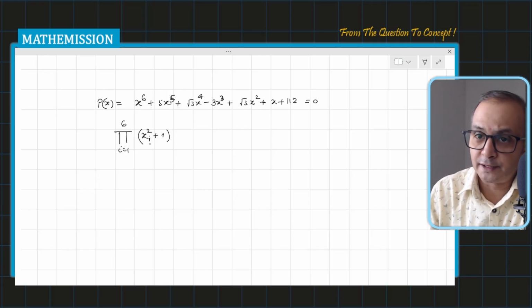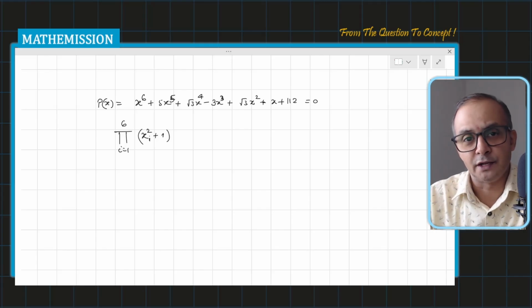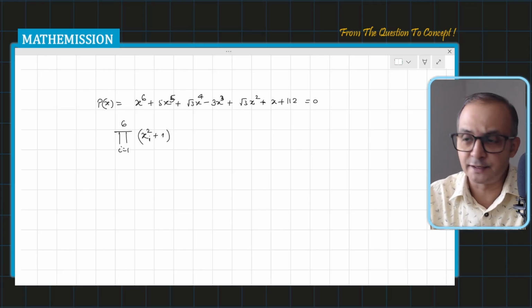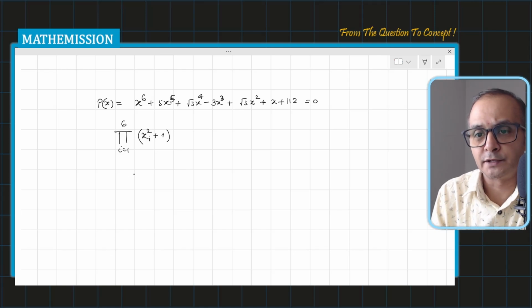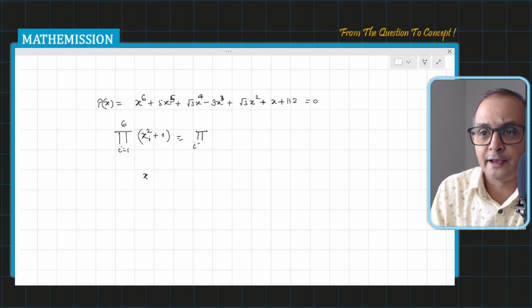But this method that you learned right now in the complex number space is convenient and can be applied everywhere. How do we know that? Because if you simplify this, it is nothing but the product, i going from 1 to 6, of xi minus iota.